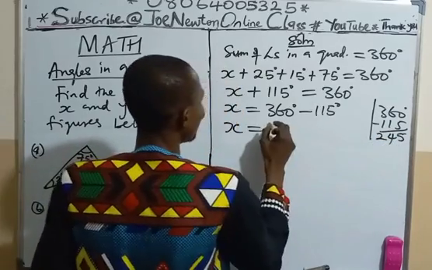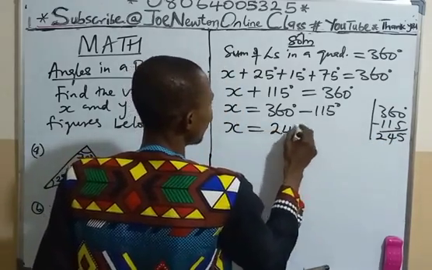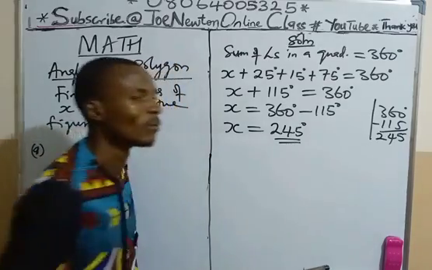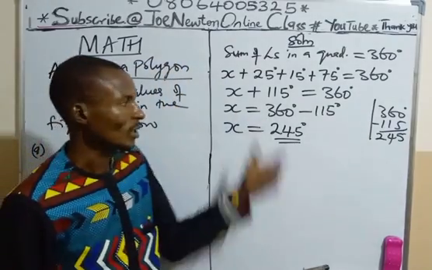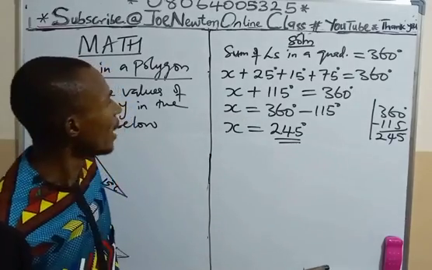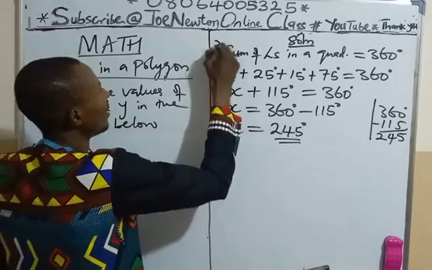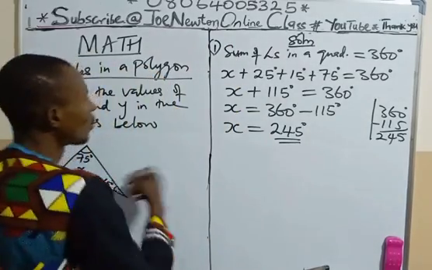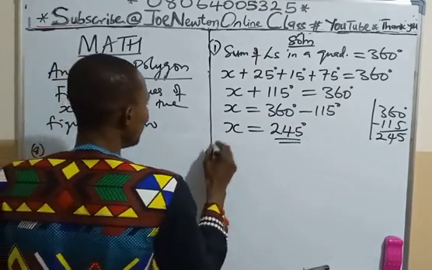So you have 245 degrees. That is our answer to this particular question. So for question number 1, our answer is 245 degrees. Quickly, let us look at number 2 or B.